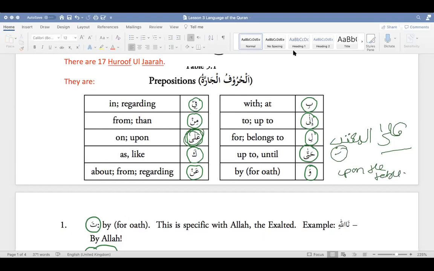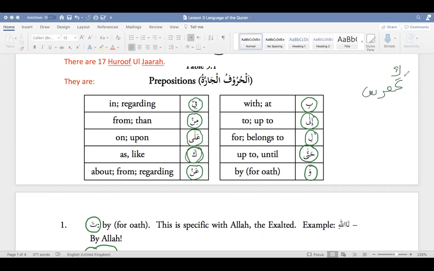Let's say, for example, I'll use this one as an example now. Write it like this: ka farasin.